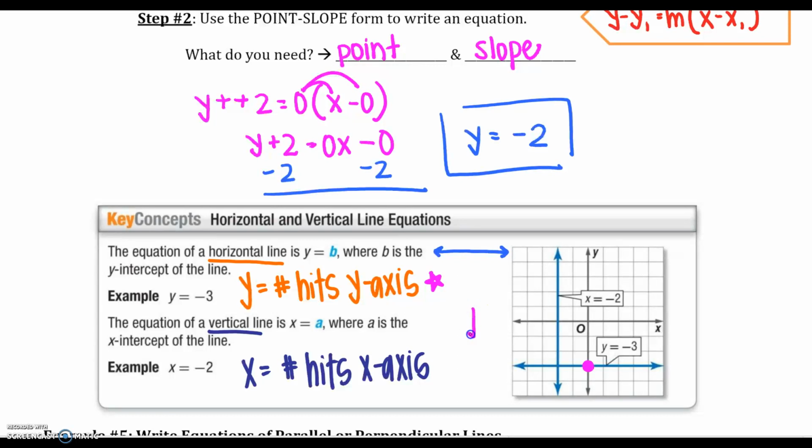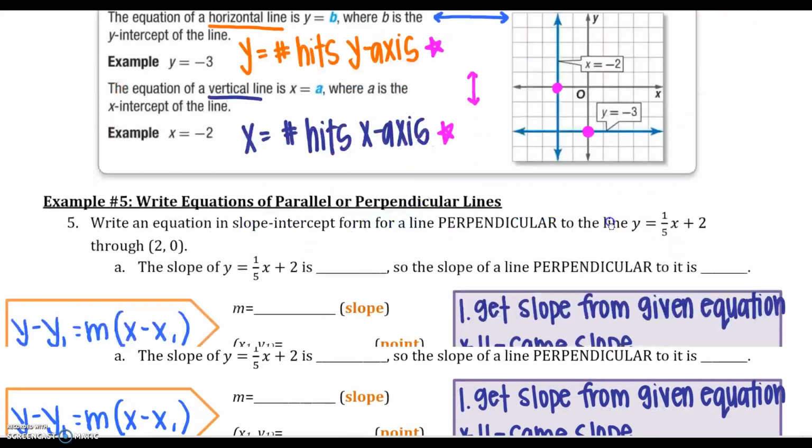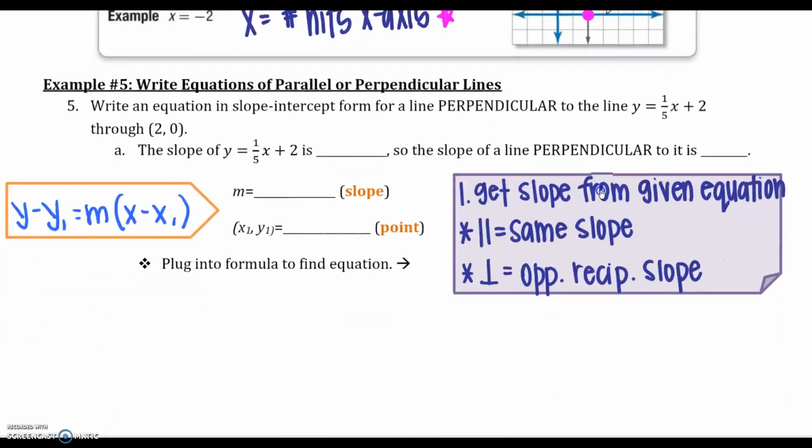And then if it's vertical, remember it is undefined. My slope is undefined. But how I write my equation, it's x equals the number where it hits the x-axis.